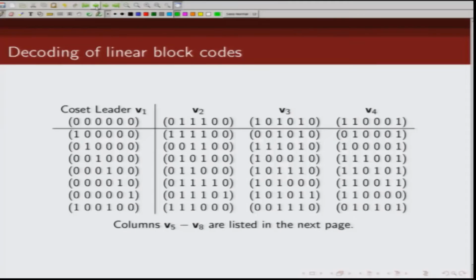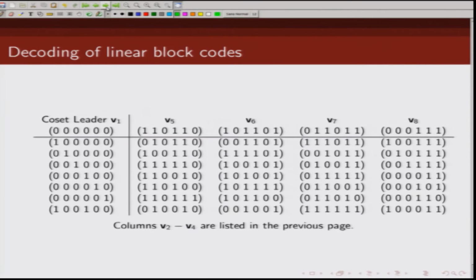Now, how do I find entries in the next row? As I said, I have to pick up a vector which has not appeared in the previous rows. So, let us look at what has appeared in the previous row. We had the all 0 sequence here, sequences which have 3 ones, and a code word with 4 ones.